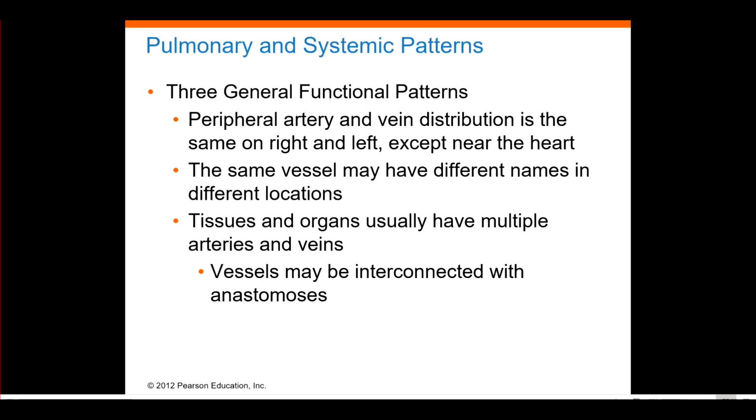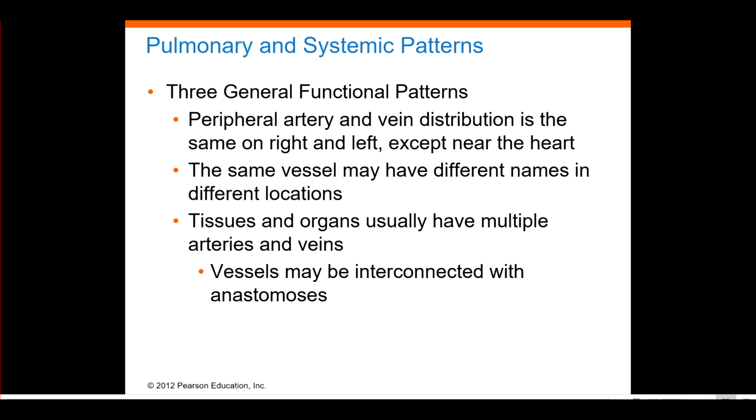So before I talk about the actual pulmonary circuit, I want to go over just three general functional patterns of both arteries and veins. First of all, when you study arteries and veins, the blood vessels on the left side of the body, for the most part, are symmetrical to the blood vessels on the right side of the body, right?